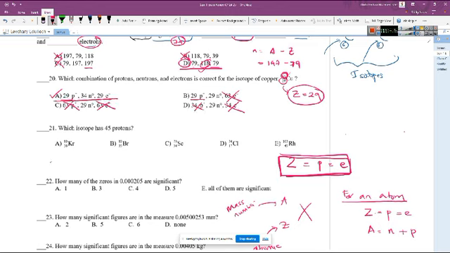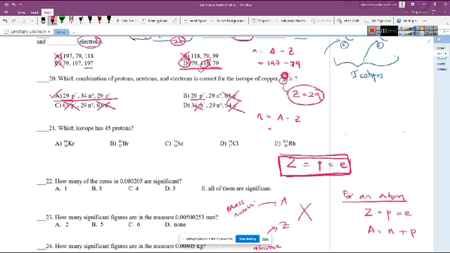Now shall we confirm our answer by calculating the number of neutrons? How can you do that? How do you calculate neutrons? N is equal to A minus Z. What is A?